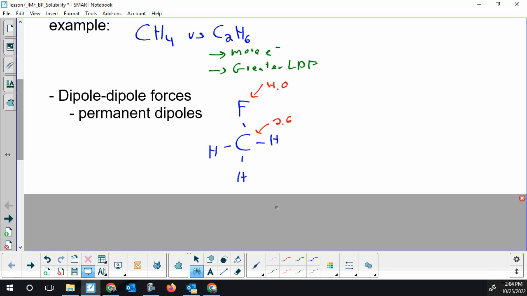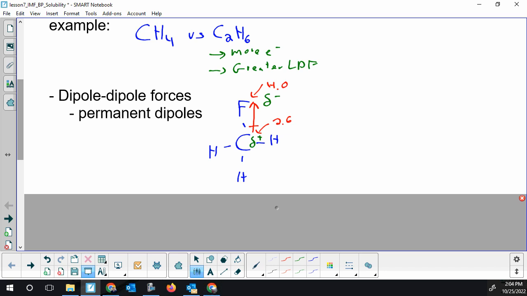In Chem 20, we would have put an arrow to show that polarity. The bigger the arrow, the bigger the electronegativity difference. The arrow points towards the more electronegative end. So fluorine has a greater attraction for electrons, 4 versus 2.6. So we have our slightly negative end and our slightly positive end.